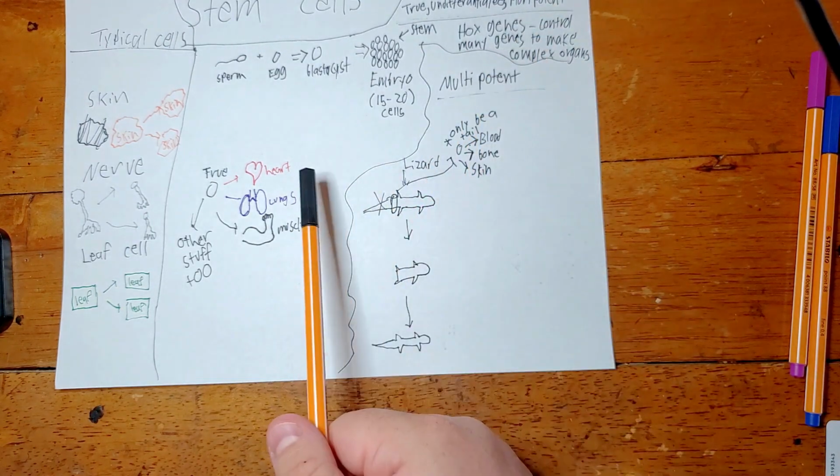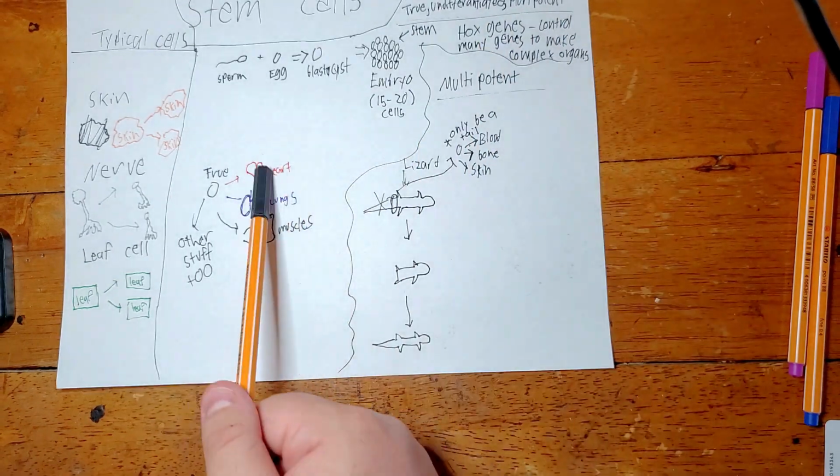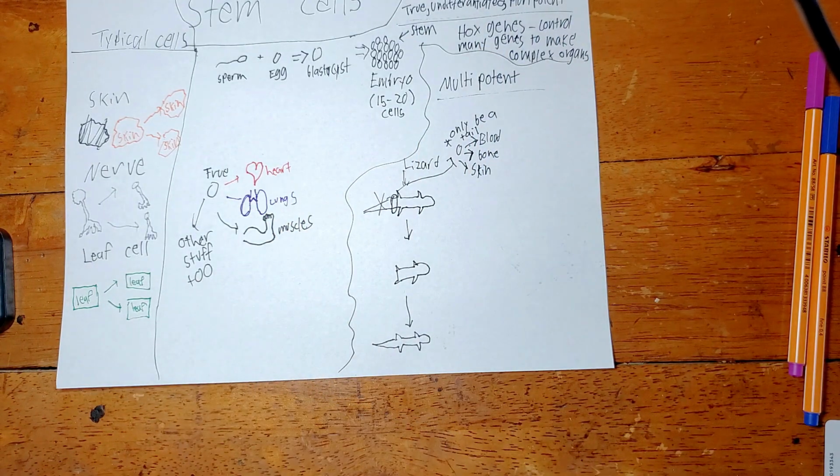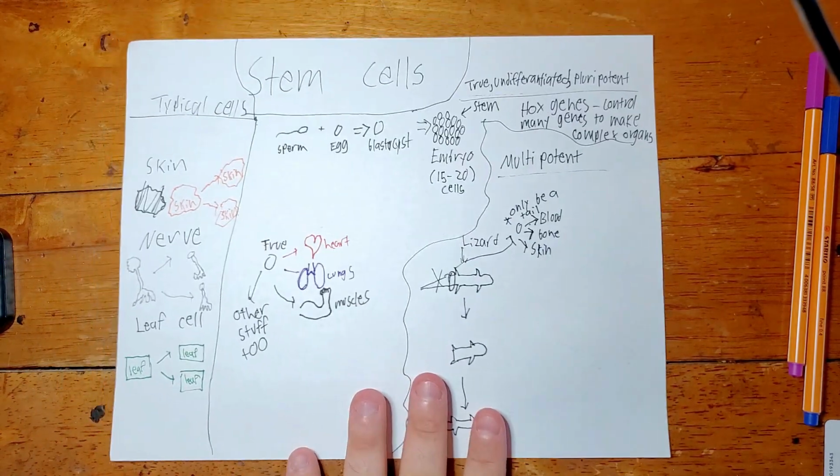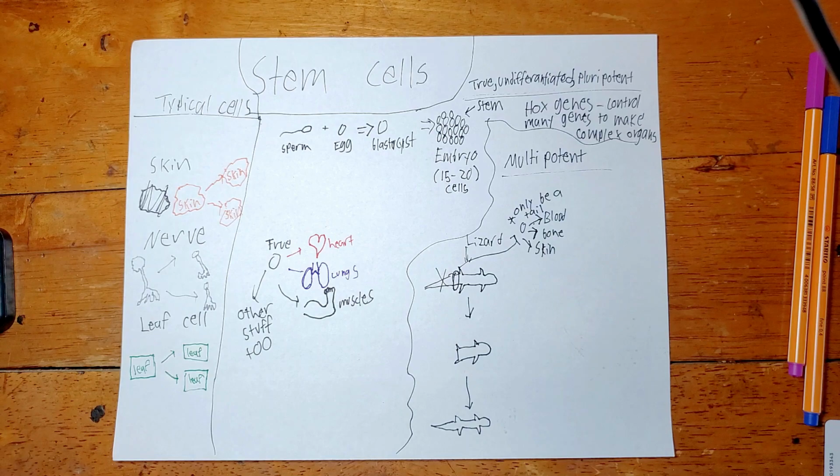If you activate the Hox gene for a heart in a cell, it's going to activate all the other pieces of DNA in that cell needed to make a heart. Or if the Hox gene for a finger gets activated, here's my finger, it's going to activate all the genes needed to make a finger.